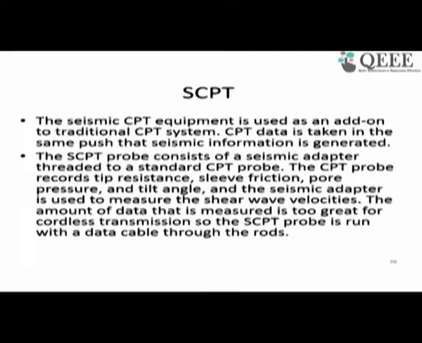The CPT probe records tip resistance, slip friction, pore pressure and tilt angle, and the seismic adapter is used to measure the shear wave velocities. The amount of data that is measured is too great for cordless transmission, so the CPT probe is run with a data cable through the rods. So usually a data cable is used with SCPT.